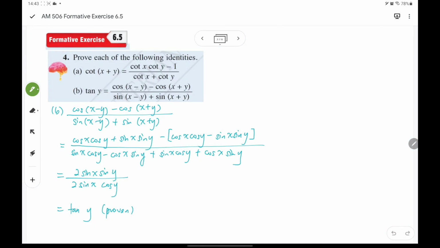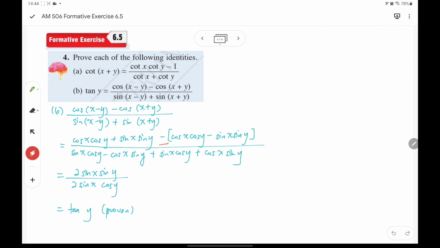B. Tangent y equals cosine of x minus y minus cosine of x plus y, divided by sine of x minus y plus sine of x plus y. So expand with the cosine addition formula. We have cosine x cosine y plus sine x sine y.